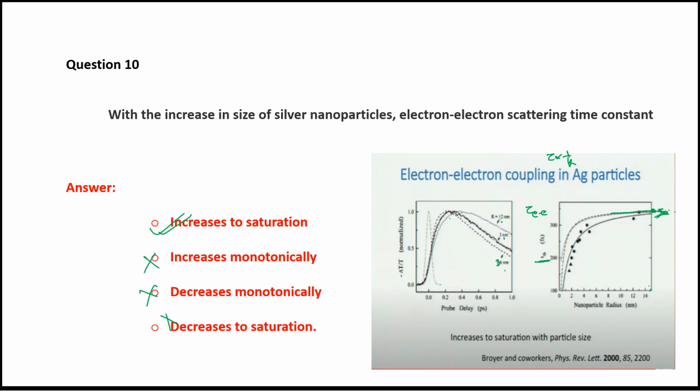Right? Now, whenever we study any graph, the things which should come to our notice are, first, what are the x and y axis, and second, what is the unit of those.